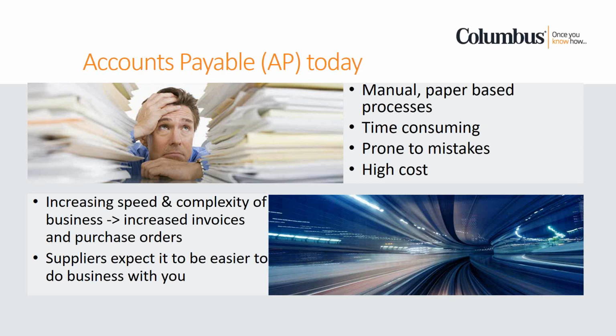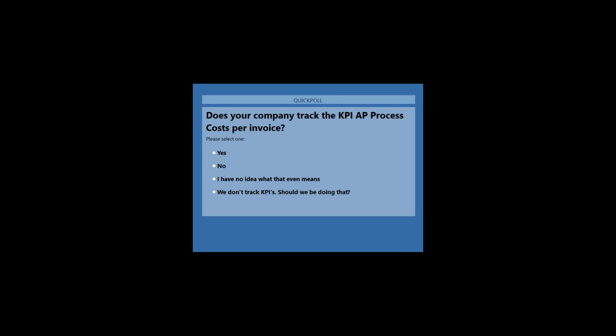So before I go to the next slide, I wanted to launch a poll that would help get us some information about what these next few slides are. So if you'll bear with me. Just to get a feel for the attendees today, what is your experience relating to KPIs around process cost per invoice? Are those metrics you're tracking, have you never heard of that metric, or are you not tracking any KPIs?